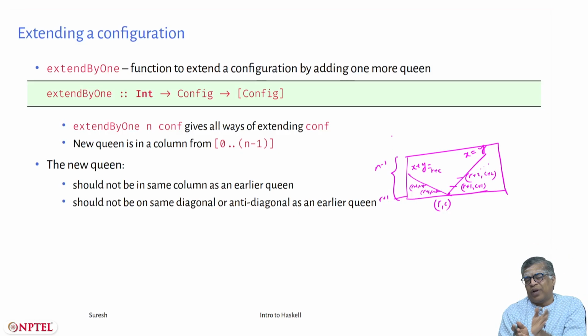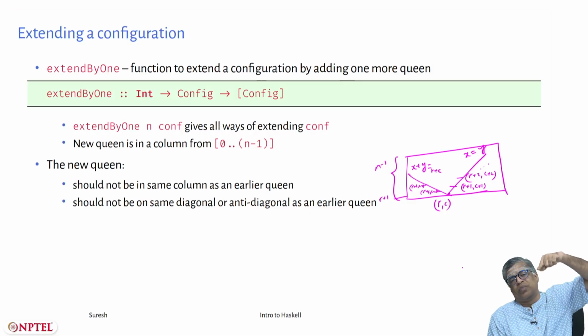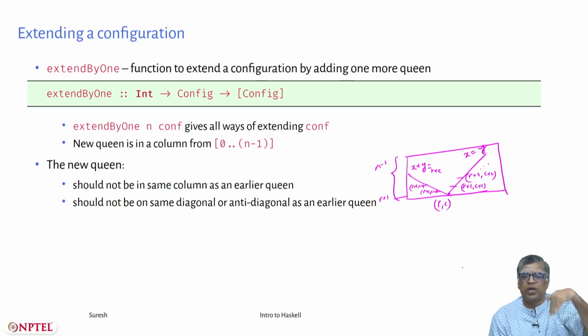The notion of diagonal, anti-diagonal, etc. is the same, except the formulas become simpler. So, when I try to extend a configuration by adding something at the head, I will imagine as if I have filled something from row 1 to row 5, let us say, and I am adding something in row 0. So, that is what I will do.